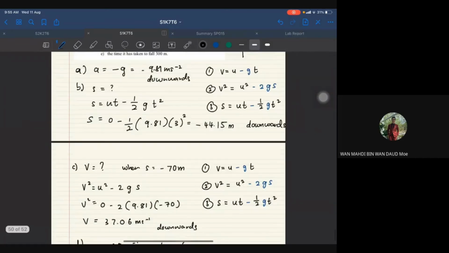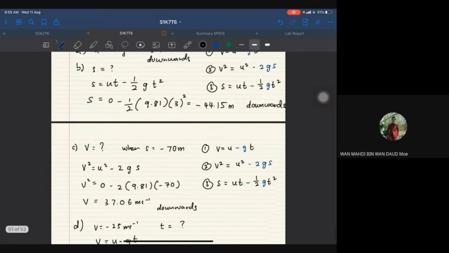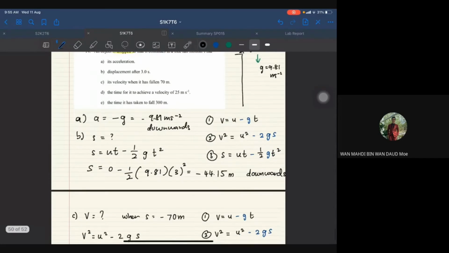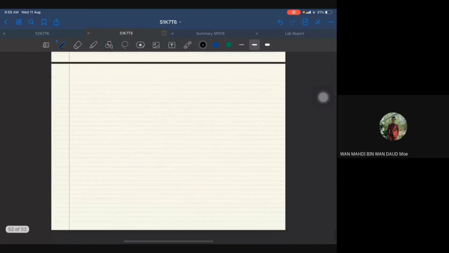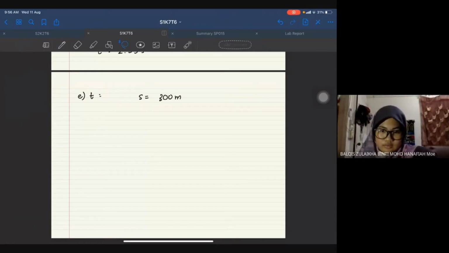Okay, sikit dia lagi. E, last one. The time it has taken to fall 300 meter. Time when S equals to 300 meter. Betul ke salah? Negative 300. Okay, good. Very good.